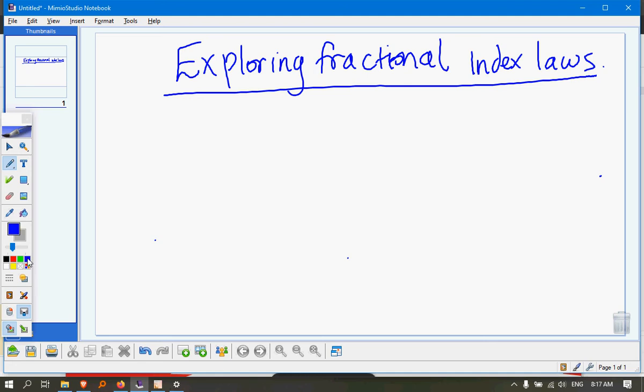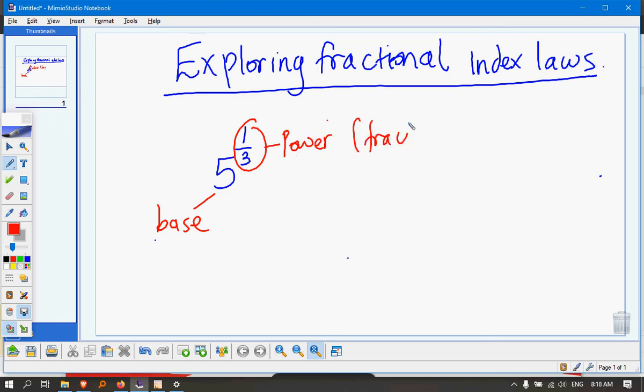For example, if I had 5 to the power a third, like we have been discussing in the previous lessons, 5 is my base, but this time my power or the index is a fraction. So what laws are there that deal with fractional indices?